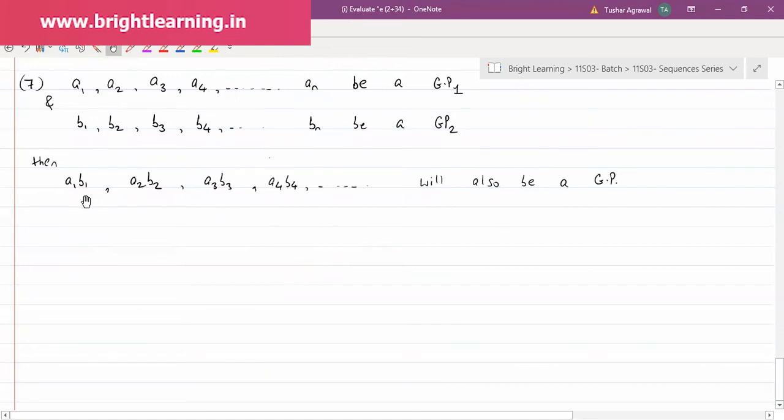I don't think this is very difficult to prove. To prove any sequence is a geometric progression, we take a term upon its previous term.